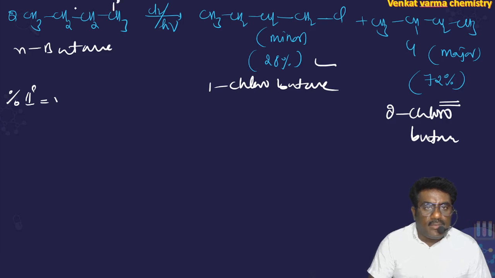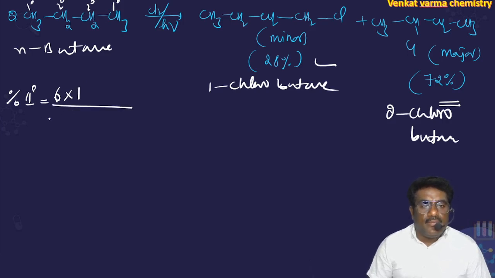So it is a primary, secondary, secondary, primary. Primary hydrogens are 6. Reactivity of primary hydrogen is 1. Number of primary and number of secondary, so how many secondary?